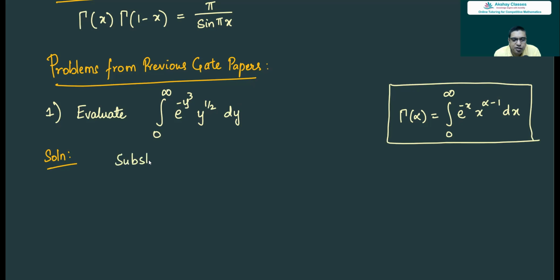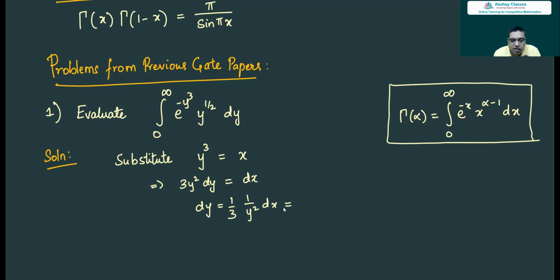Let us see. Suppose it was x cube, then we would substitute x cube by t. Here it is y cube. So substitute y cube as x. Then we get 3y square dy is dx. Now I want dy. dy is 1 upon 3 into 1 upon y square dx.